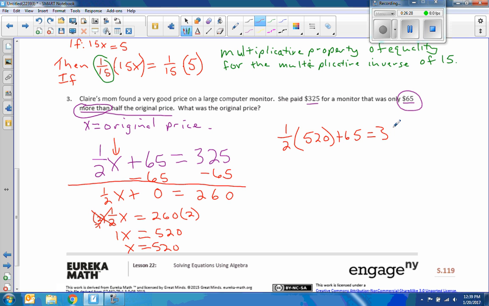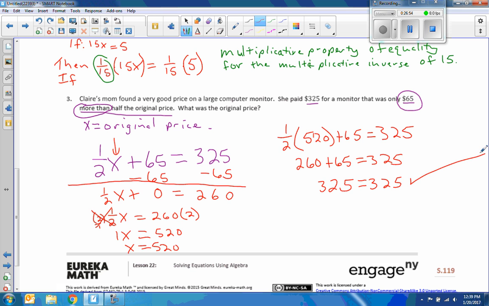That should equal 325. 1/2 times 520 is the same as 520 divided by 2. And if we divide 5 by 2, we get 2 with a remainder of 1. Divide 12 by 2, we get 6. 0. Plus 65 equals 3. 5 plus 0 is 5. 6 plus 6 is 12. Carry the 1.